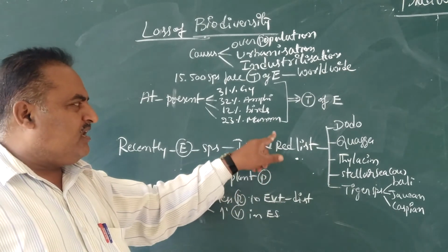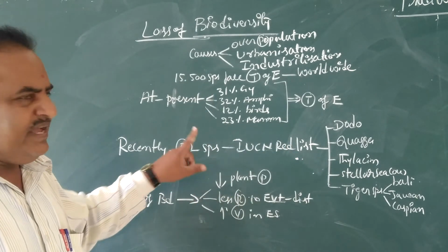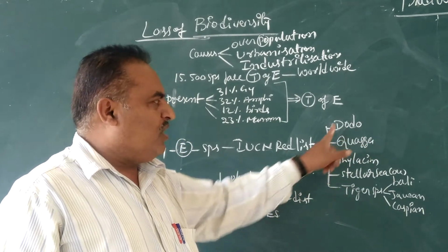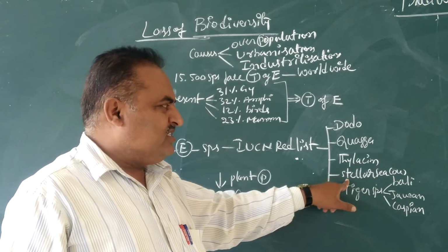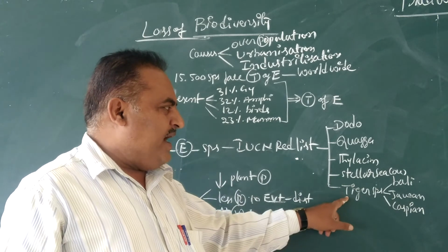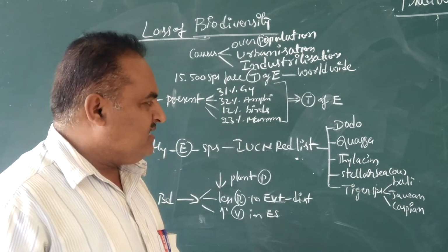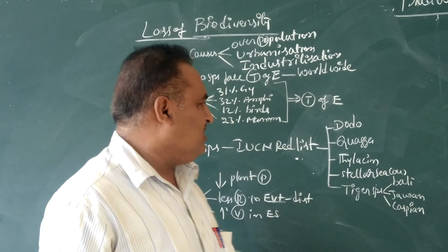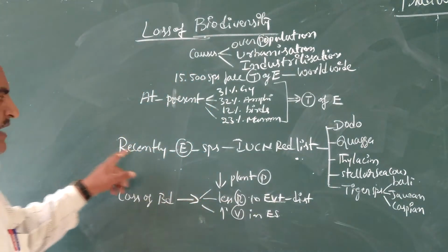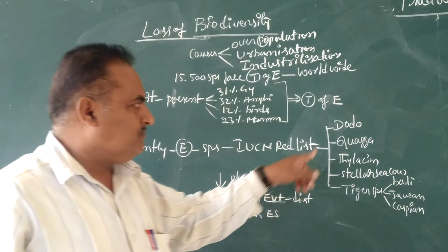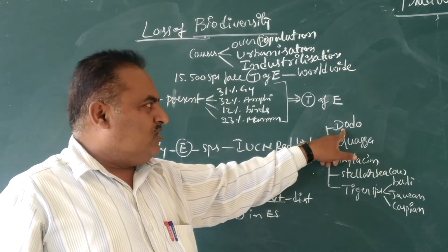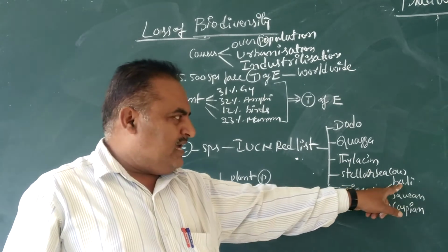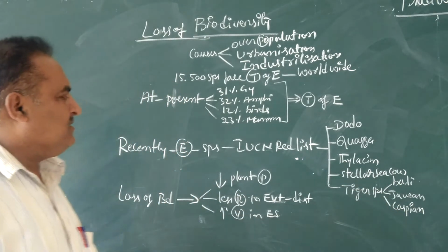Recently extinct species include dodo, quagga, thylacine, stellar sea cow, and some tiger species: Bali, Javan, and Caspian.